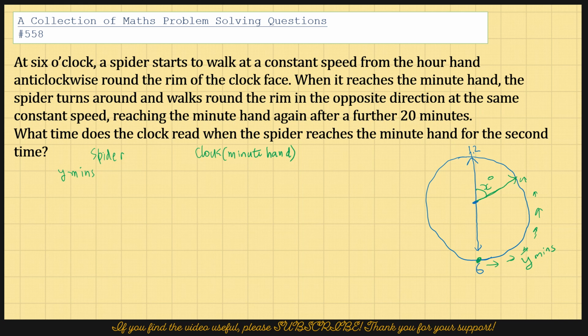If this is x, the other angle would be 180 minus x. So in y minutes the spider would have moved 180 minus x degrees, and the minute hand of the clock would have moved x degrees.